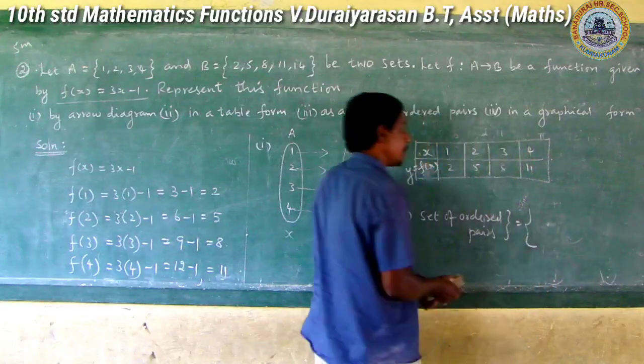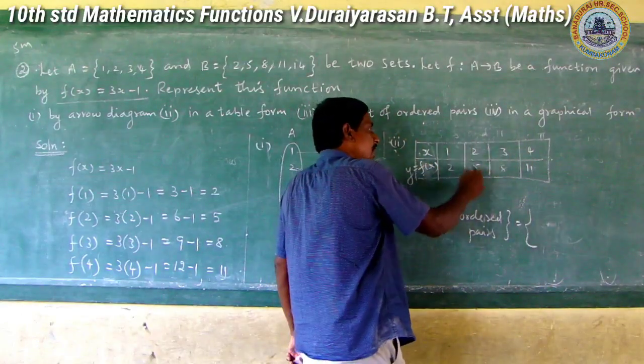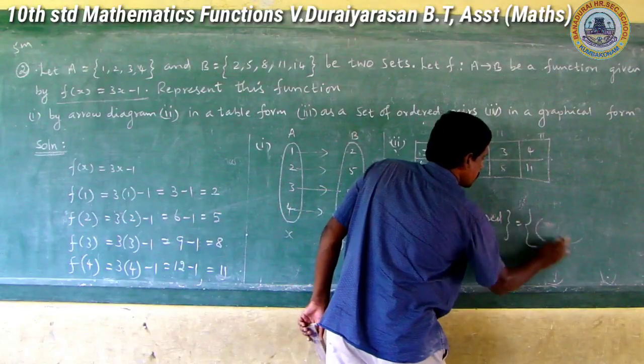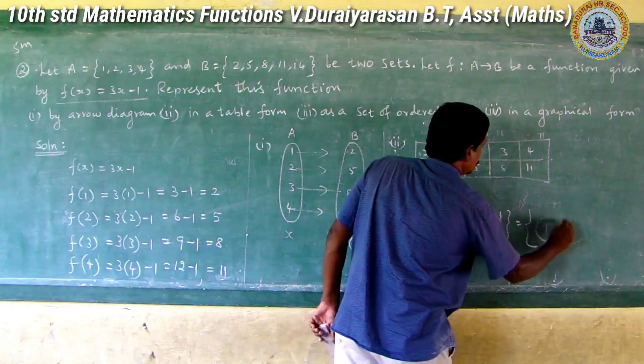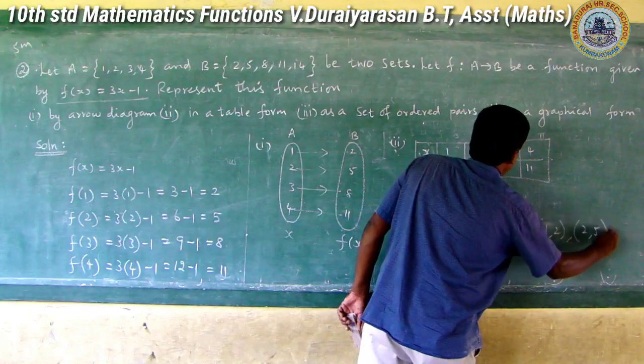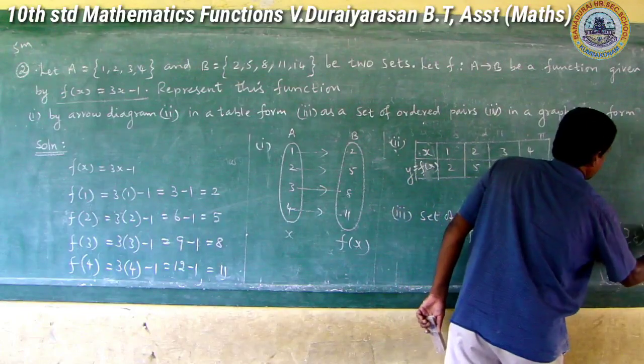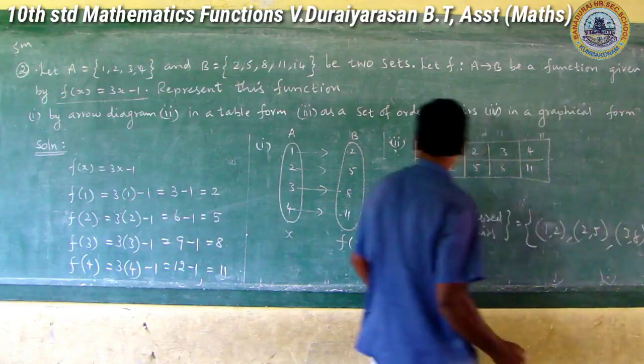Set of ordered pairs, this is one set, this is another one. So, what is the set of ordered pairs? (1, 2), (2, 5), (3, 8), and finally (4, 11).